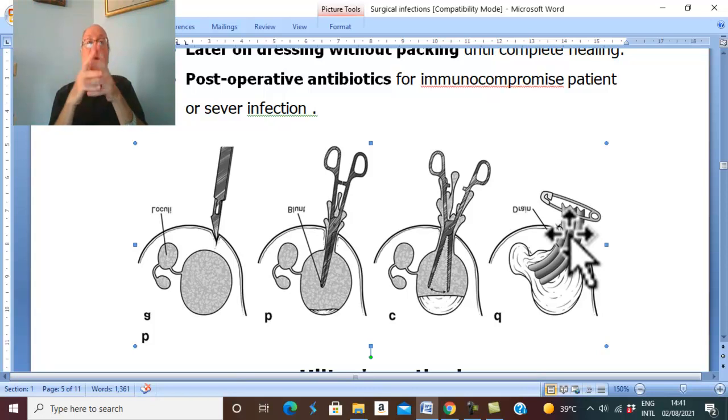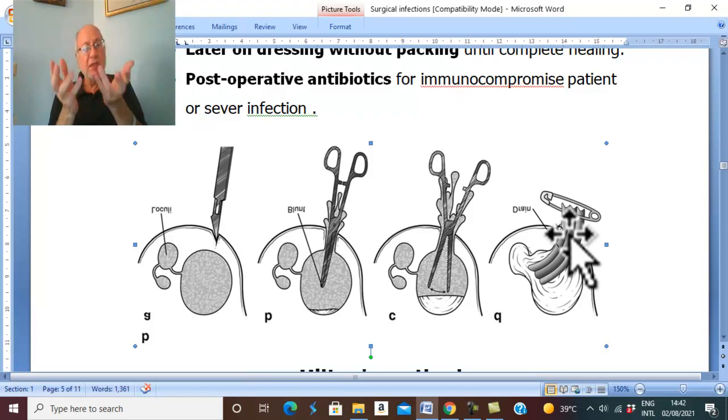Later on, after we finish with the drain or packing, dress the wound without packing until complete healing. Post-operative antibiotic for immunocompromised patients and severe infections.